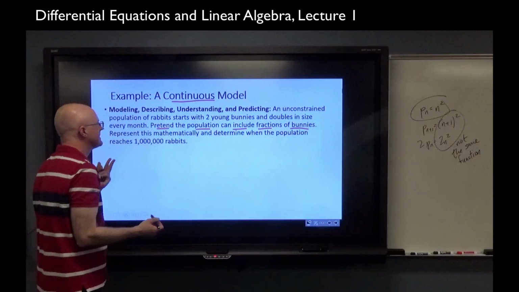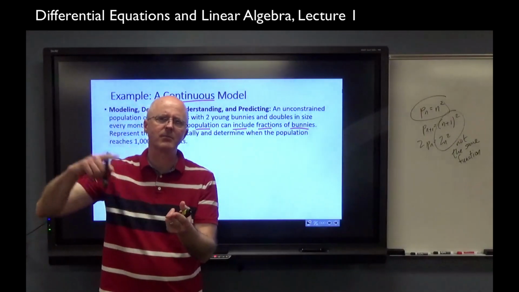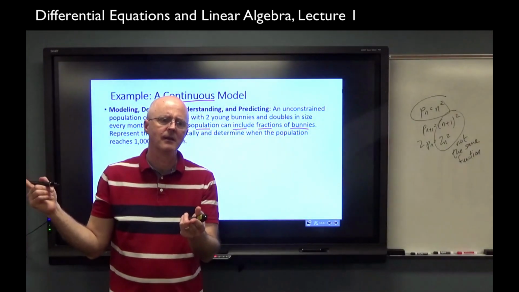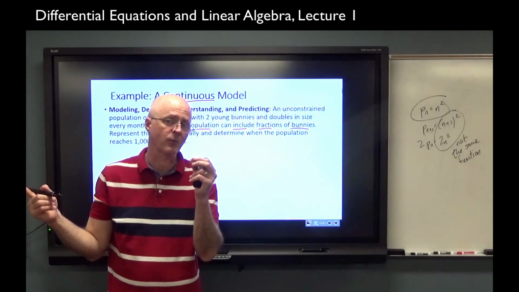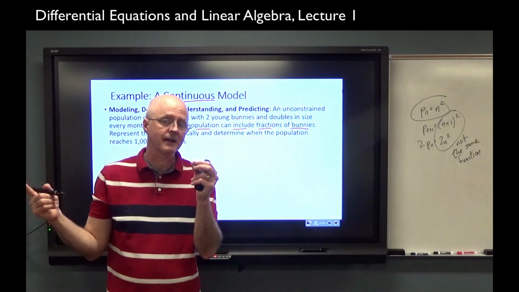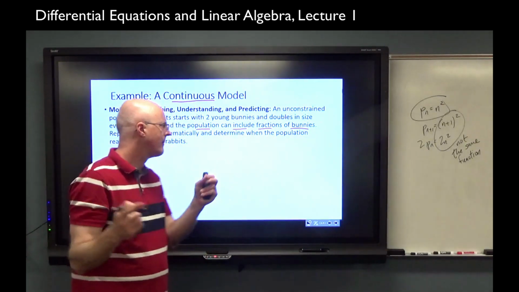How do things change? The only way things change, compared to the previous discrete example, is we think of the exponent, the n, as a continuous quantity, a real quantity, instead of a non-negative integer. It's really the same formula.